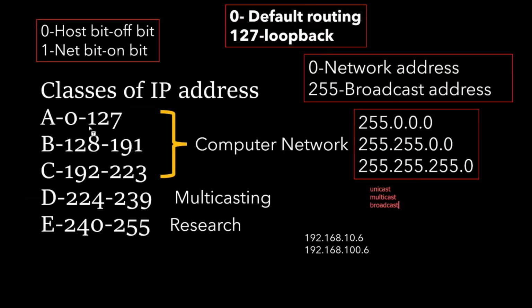First is unicast, means one to one communication. Then multicast means one to many communication. Then broadcast means one to all communication. Right? That is the meaning of unicast, multicast, broadcast.